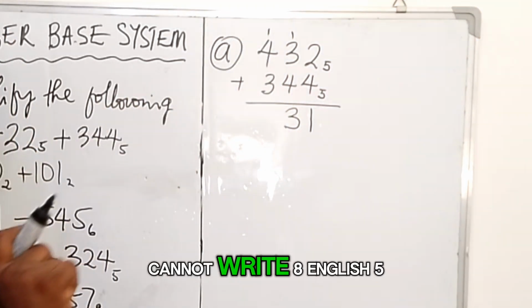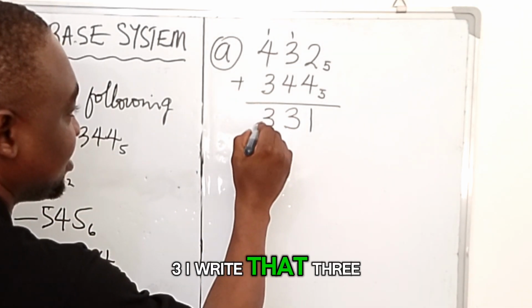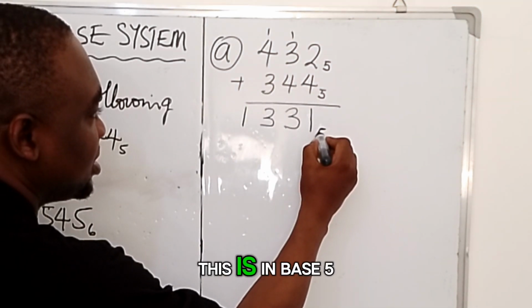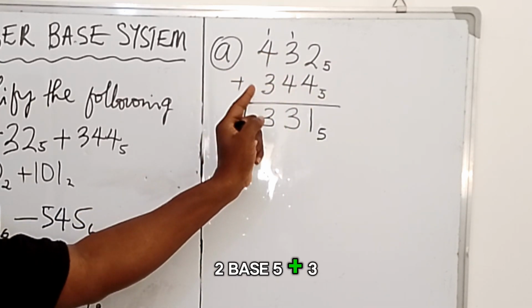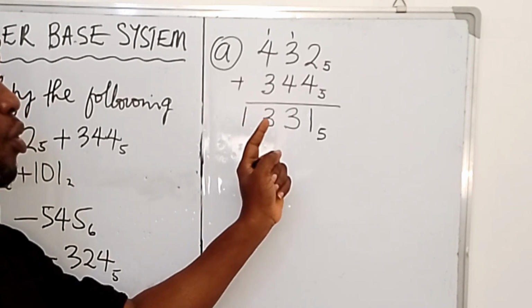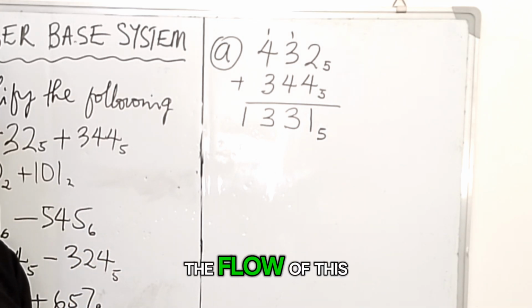I cannot write 8 in base 5. So 8 minus 5, 3. I write that 3 and carry 1. That's the one I'm having here. This is in base 5. So 432 base 5 plus 344 base 5 is 1331 base 5. I hope you are getting the flow of this.